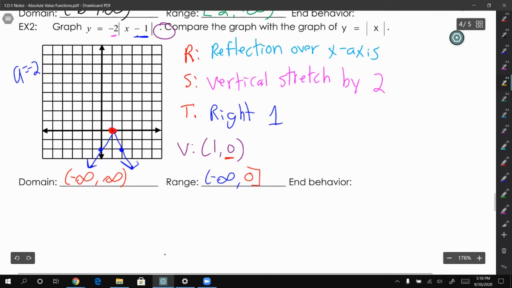And then the end behavior, as x approaches negative infinity, that means left side. And as x approaches positive infinity, that means right side. Both sides of this absolute value function are going down. The arrows are pointing downwards. So y approaches negative infinity on both sides.